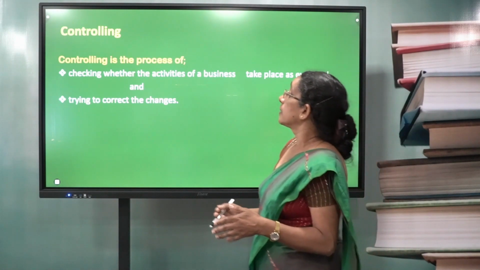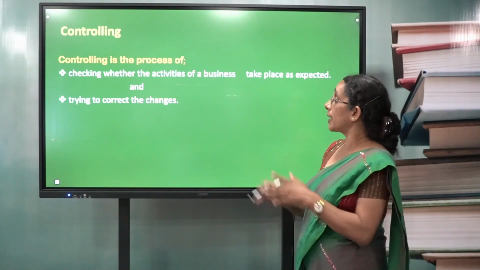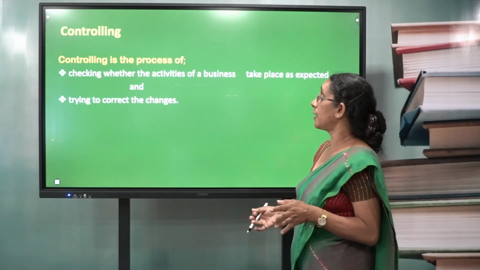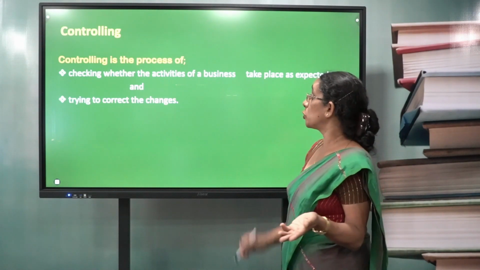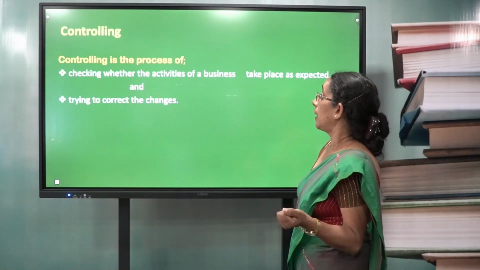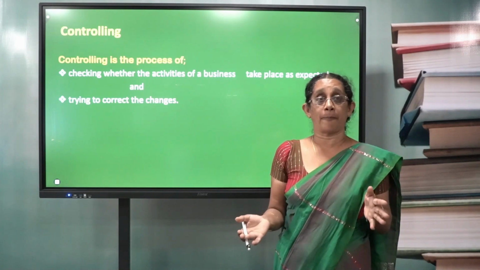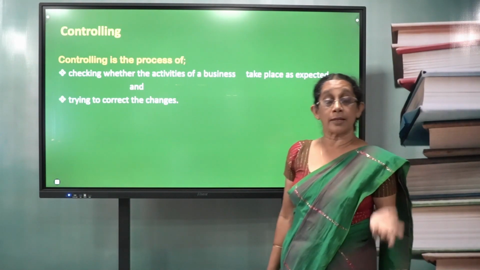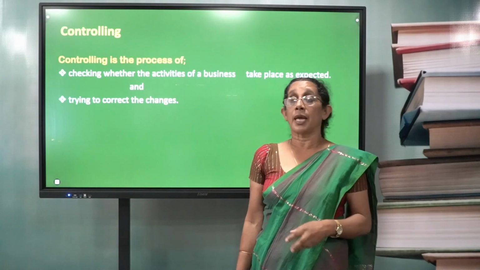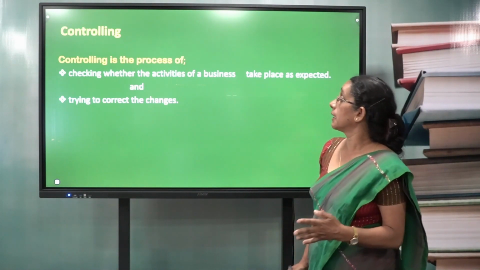Sometimes deputy principals have their separate sections and they encourage the students and teachers to do the work. And sectional heads and teachers monitor the work, they encourage students, and they give them required information and instructions.